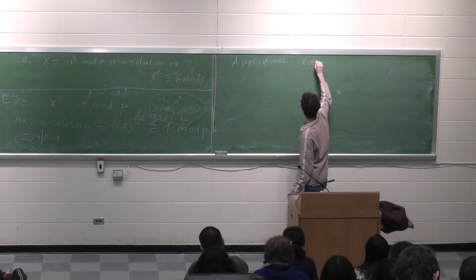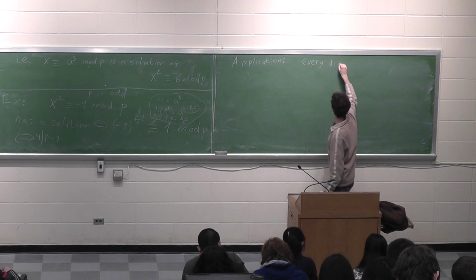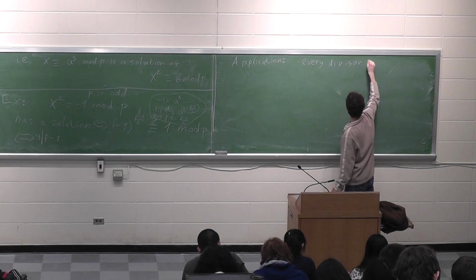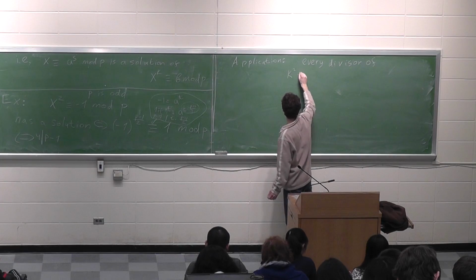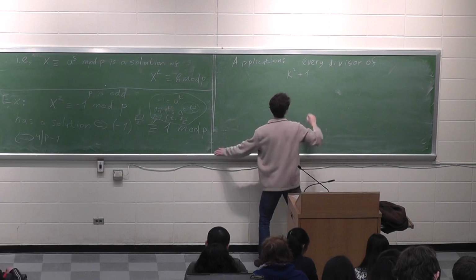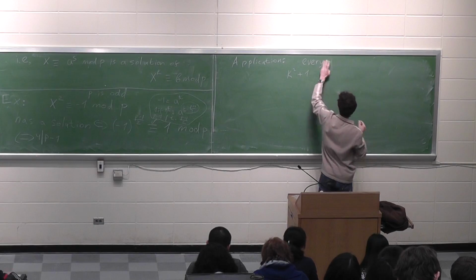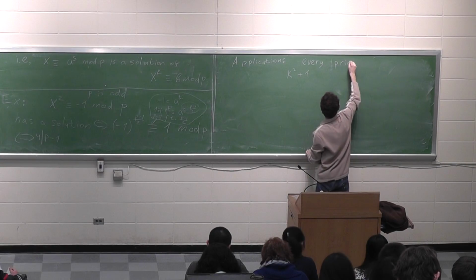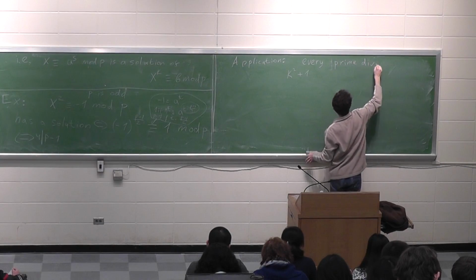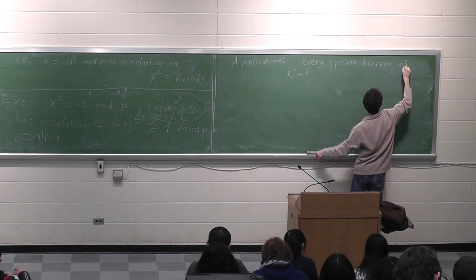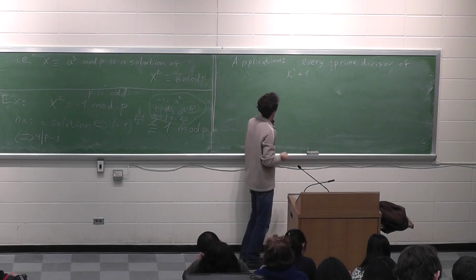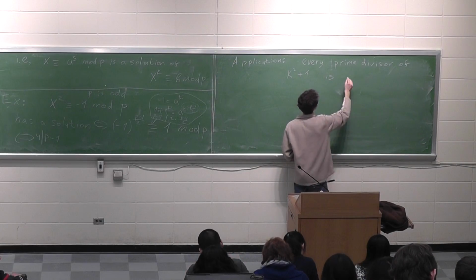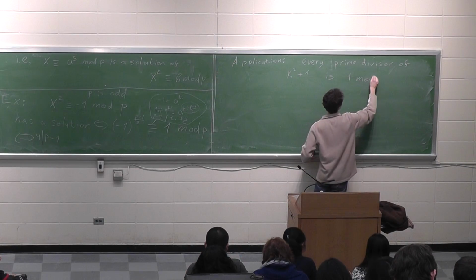Every odd prime divisor of k squared plus 1 is 1 modulo 4.